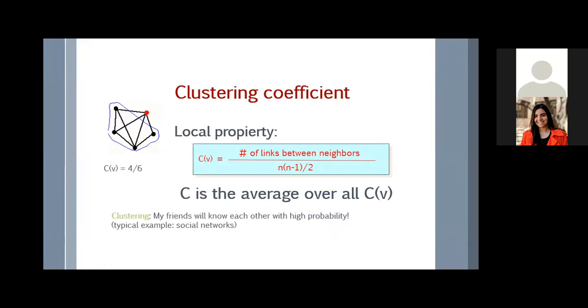And the ratio of the available number of edges and the total possible number of edges, which would be if the graph was fully connected, is called the clustering coefficient. How dense is our graph, so to say, right? So it's the number of links between neighbors divided by the number of links in a fully connected graph, n times n minus 1 divided by 2. It's a binomial coefficient, C(n, 2).